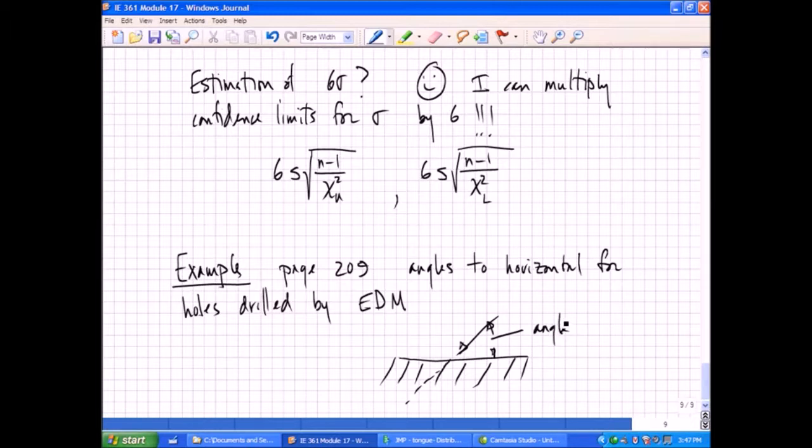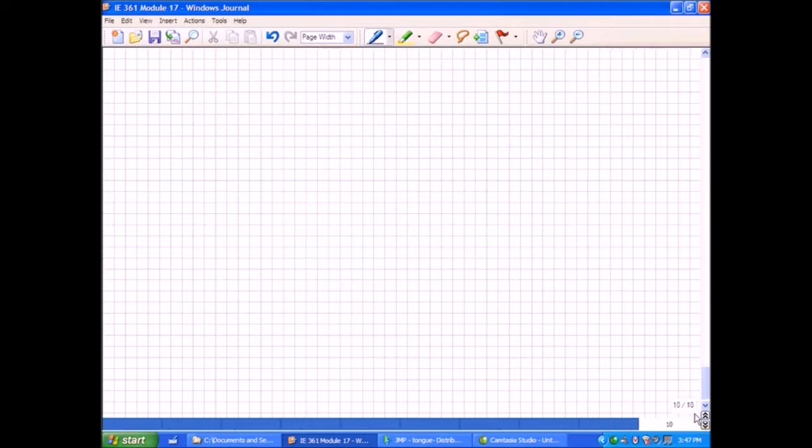I could think about sticking a little pin in that hole and then measuring the angle from that pin to the flat surface of the part, and that's the kind of thing that's measured and recorded on page 209.